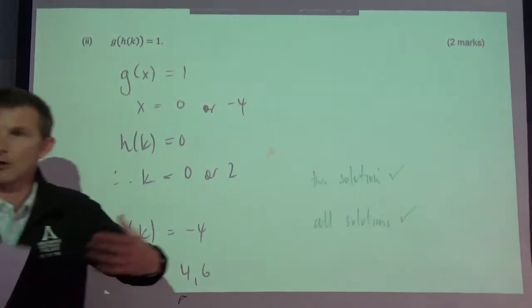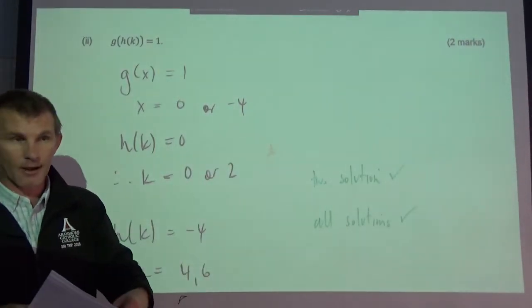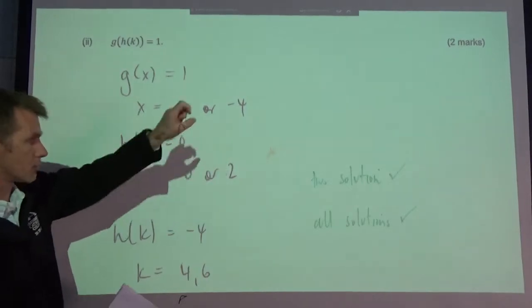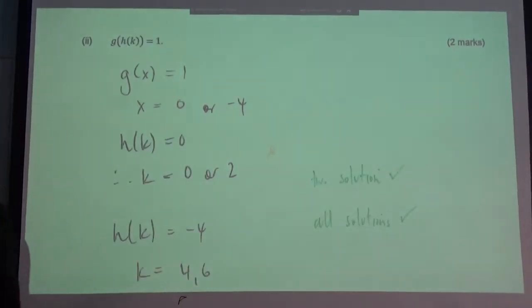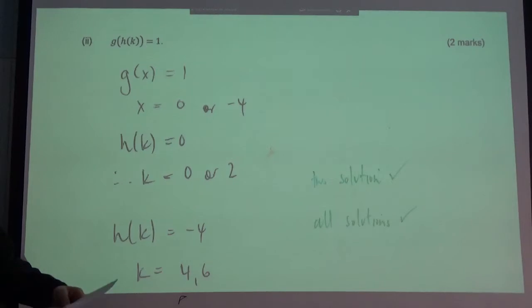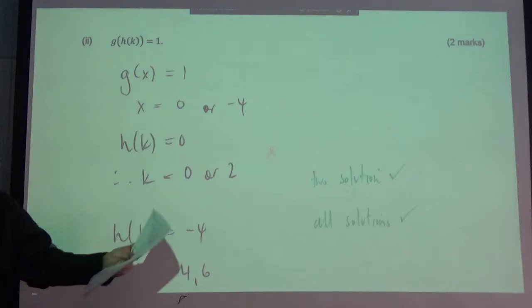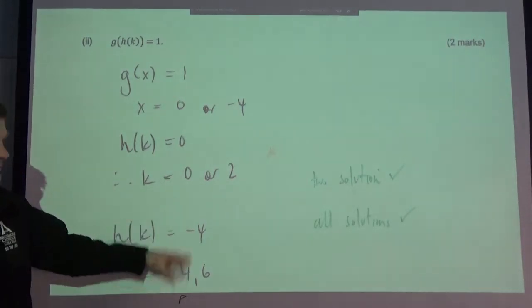And of course then I'd go to my h of k graph, and again, because it's an absolute value graph, I'm going to end up with 2 solutions here and 2 solutions here. Okay? So I actually end up with 4 solutions. And because the question only said determine the values of k, didn't ask for coordinates or anything like that, writing it like this is fine.